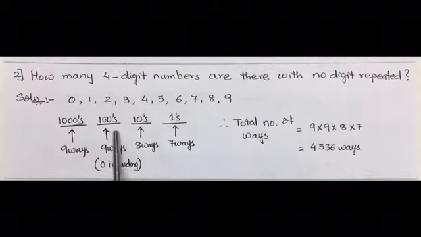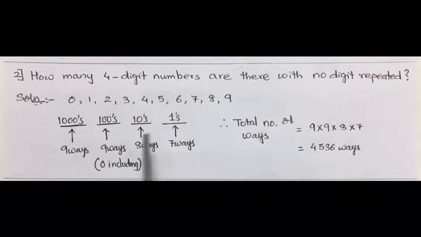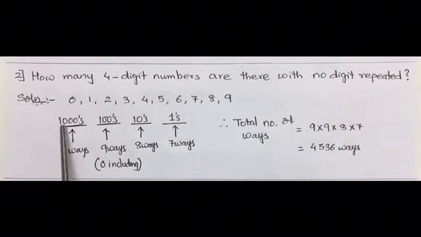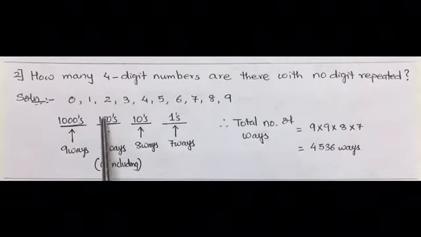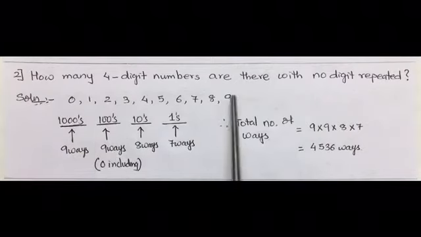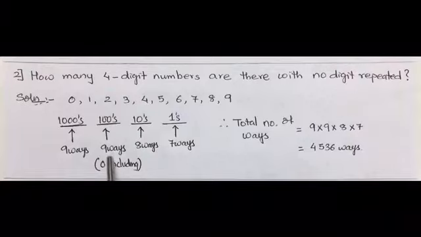Now for the second place, third place and fourth place, we can make use of 0. But the number which is written in the thousands place cannot be repeated in the hundreds place. But again 0 we are including here. So from the total 10 numbers, one number is used here, so 9 numbers remain. So the hundreds place is arranged in 9 ways.